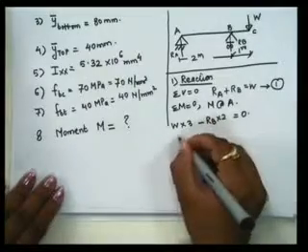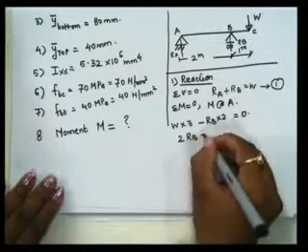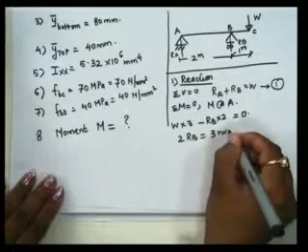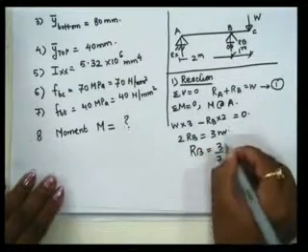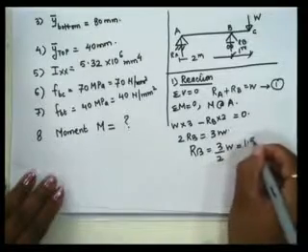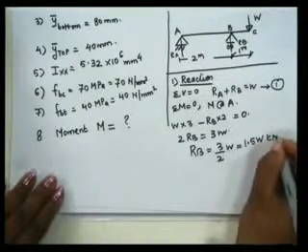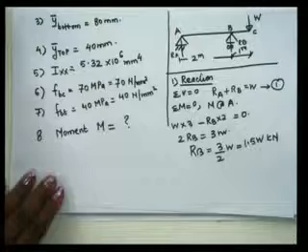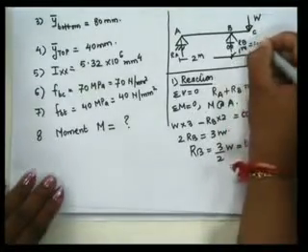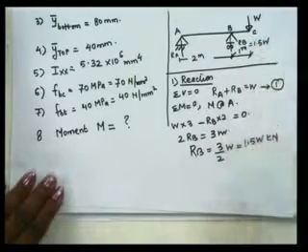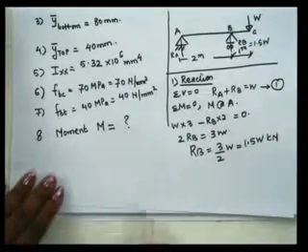So 2RB is equal to 3W. So RB is equal to 3 by 2 W, that is equal to 1.5 W kilonewtons. Okay, so RB is equal to 1.5 W kilonewtons. That we have calculated, right?